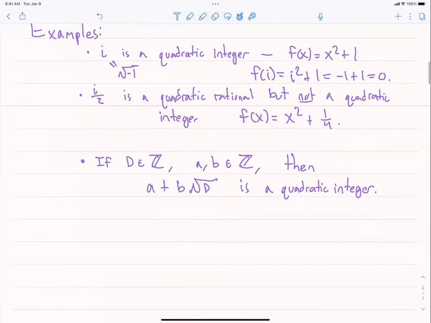And more generally, say I start with some integer d, and then I take two other integers a and b. If I look at the square root of d, this is a quadratic integer.